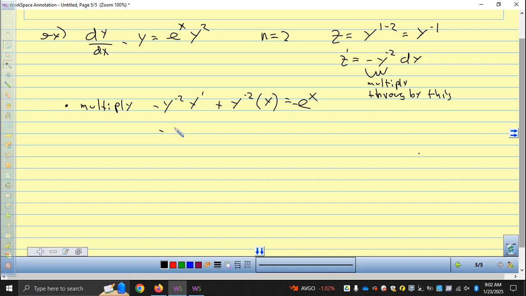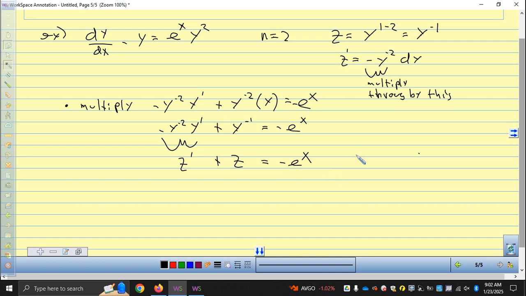Well, I can rewrite this as negative y to the negative 2 y prime plus y to the minus 1 equals minus e to the x. This is z prime. This is z. So z prime plus z equals minus e to the x.